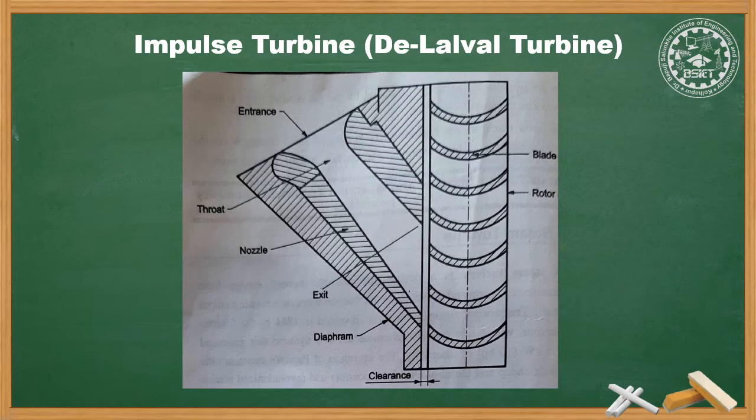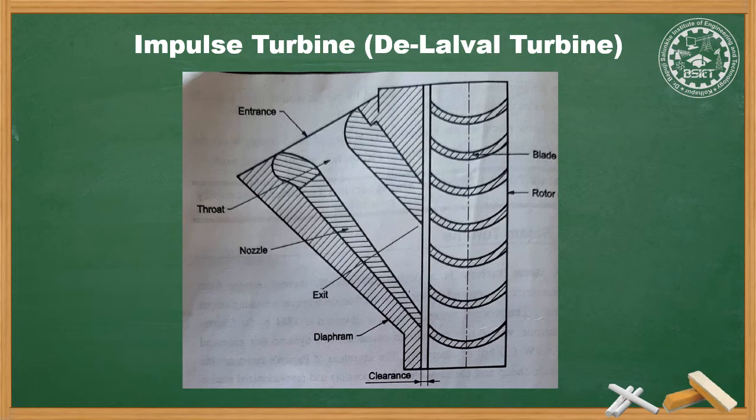The high velocity steam jets are obtained by complete expansion of steam in stationary nozzle fitted in diaphragm. Then this high velocity kinetic energy steam passes through the moving blade with no drop in pressure but a gradual reduction in velocity.